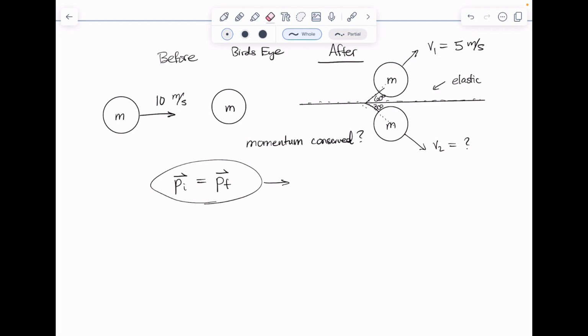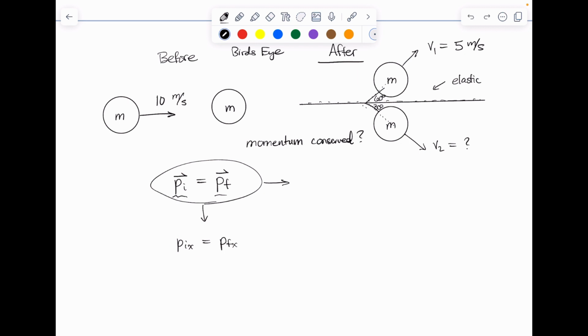I suspect that you guys would prefer a different approach, though. So what we can say is, this is equal to this if the x component of the initial momentum vector is equal to the x component of the final momentum vector, right? These don't have arrows above because now it's just the component, right?